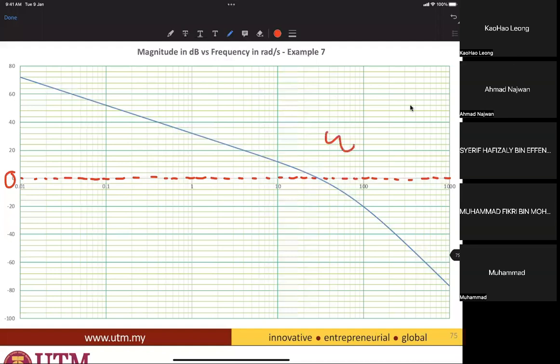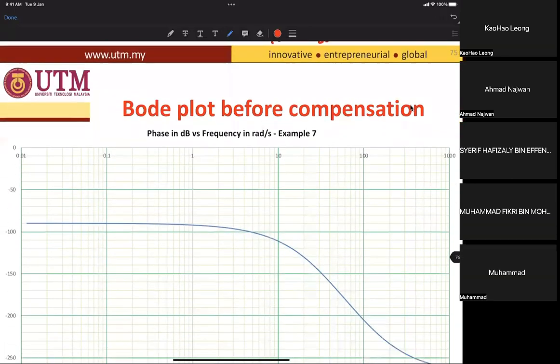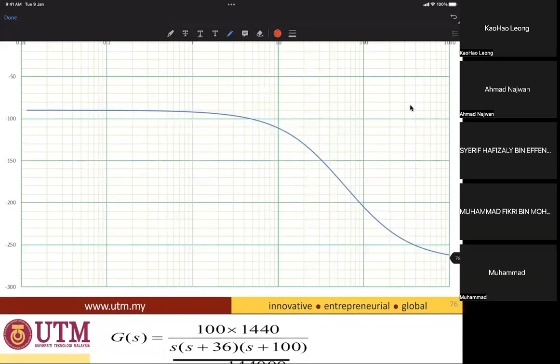What is the omega PM? 30 radian per second.